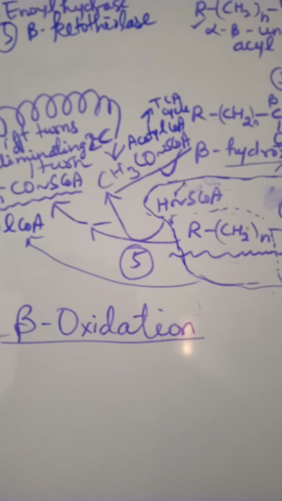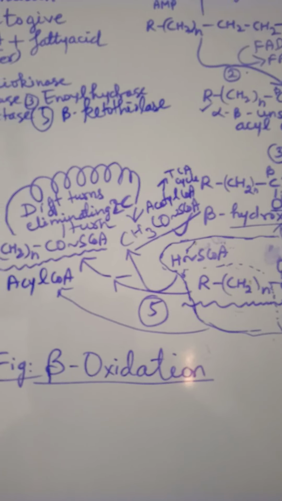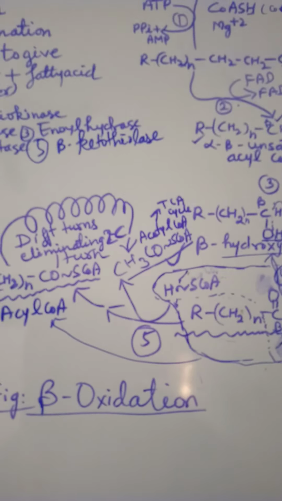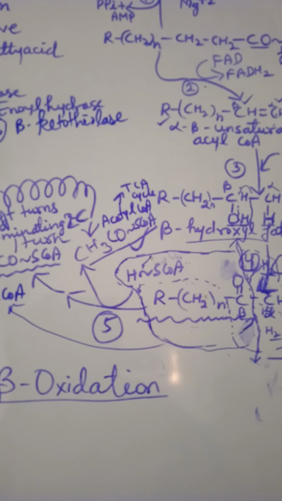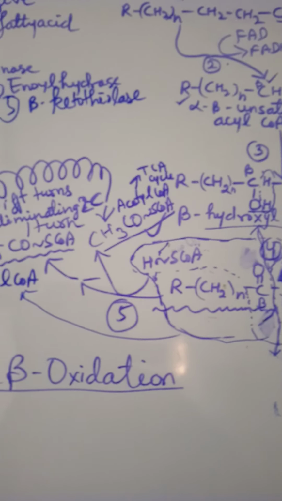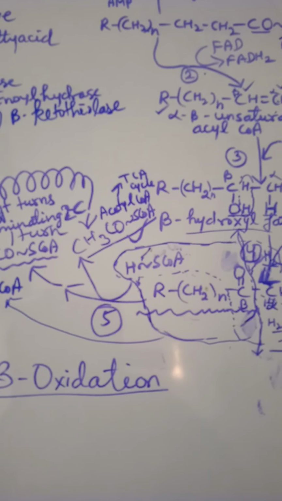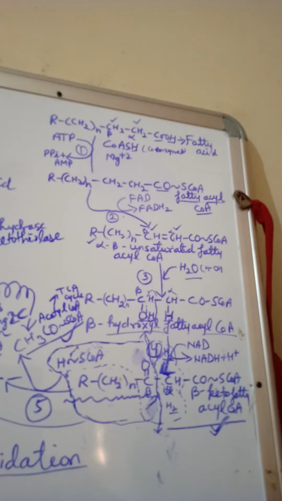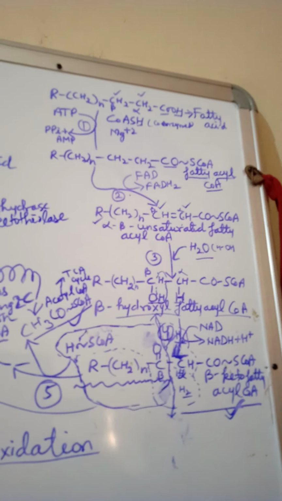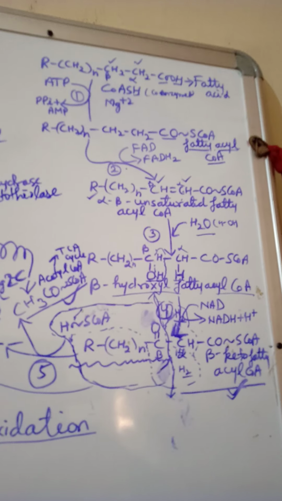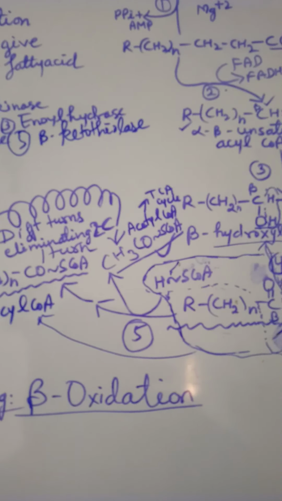The event continues, this event of spiral continues up to the conversion of the fatty acid completely into acetyl units. Suppose there is an 18 carbon fatty acid before the first step; that will ultimately give 9 acetyl coenzyme A.